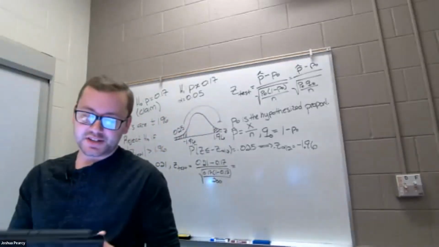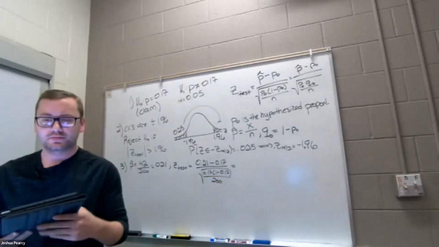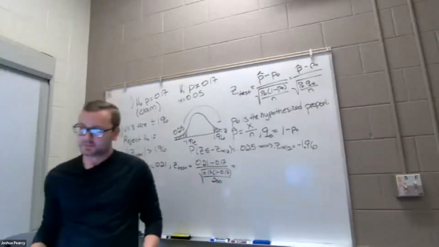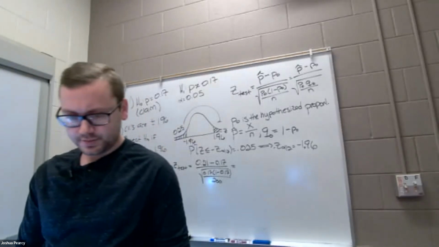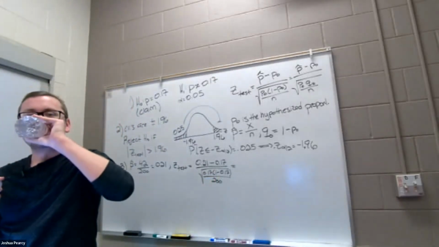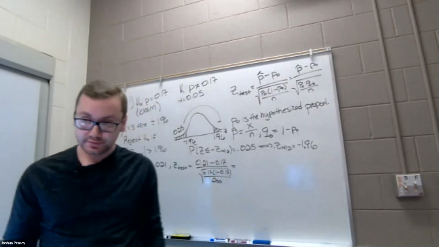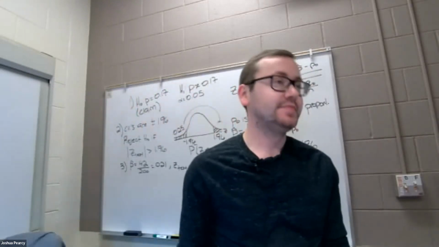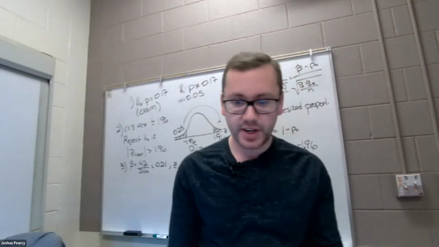What do you get to 2 decimal places? Someone besides Randall. Yep, correct. 1.51.